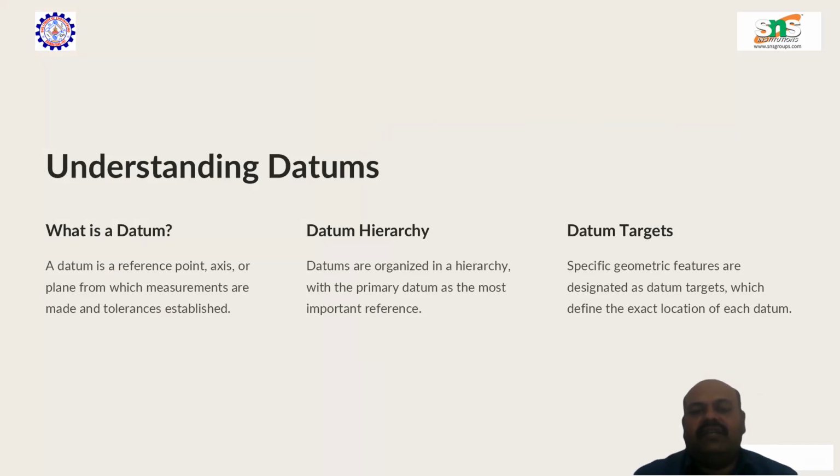The dimensions are to be made with respect to a reference point, and that reference point we call a datum. Datums are organized in a hierarchy with the primary datum as the most important reference. Datum targets: specific geometric features are designated as datum targets, which define the exact location of each datum.